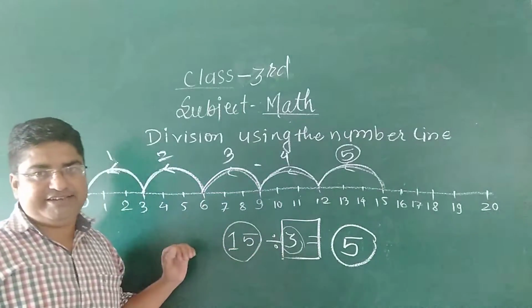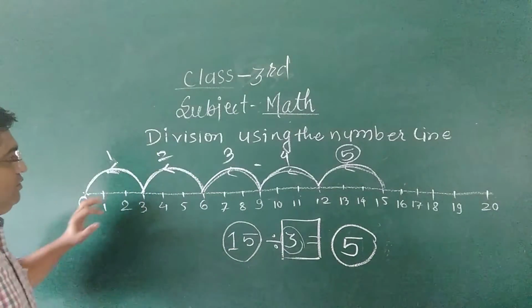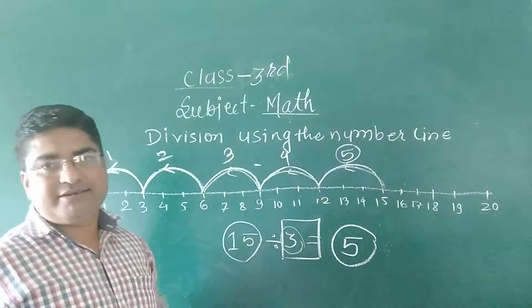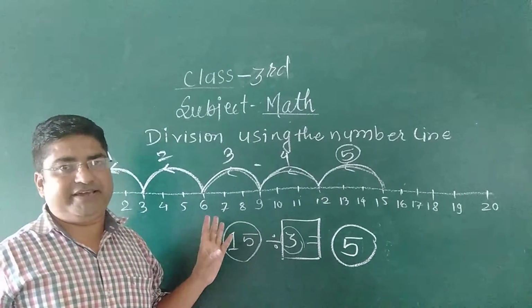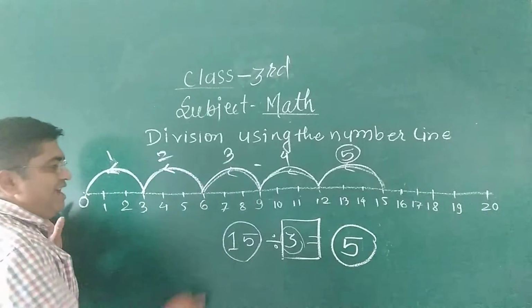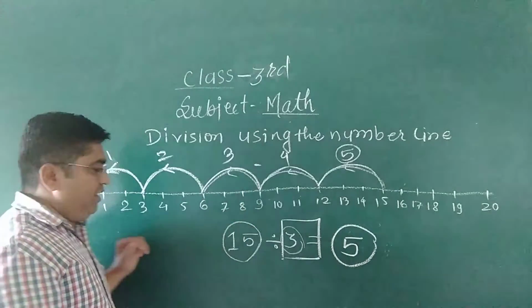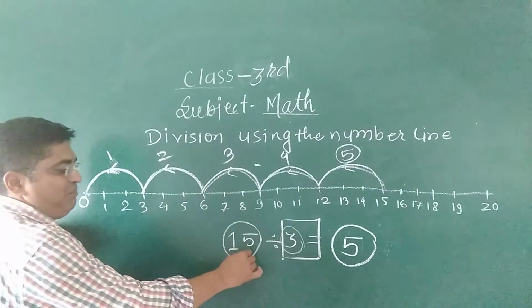Let me repeat: division using the number line. A question will be given to us and we have to solve it this way. The number line is drawn and we are dividing 15 by 3.